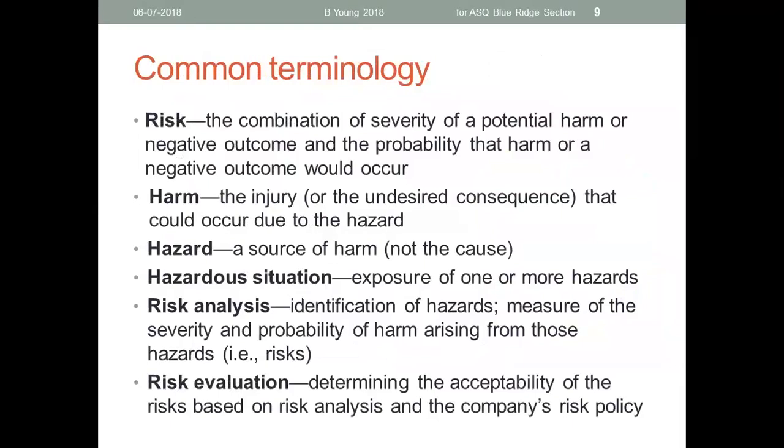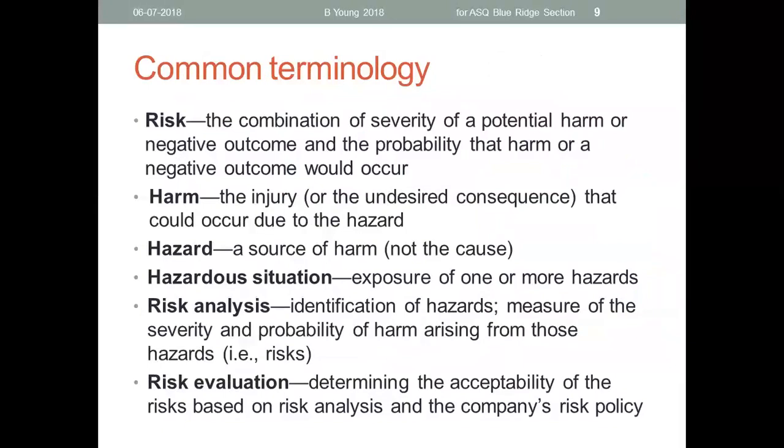We often get confused about terms that are associated with risk management, and so just to make sure that we're all on the same page, a few key terms here that we should be very conversant with. Risk is a combination of the severity of a potential harm or some negative outcome and the probability that that harm or that negative outcome will occur.